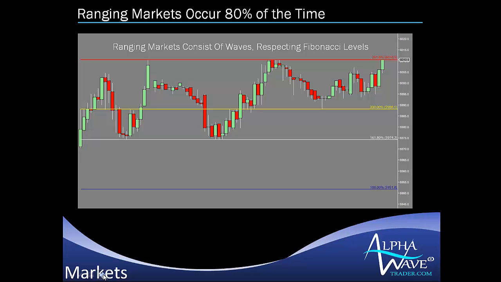Here is the structure of ranging markets. If you trade ranging markets, you must know limitations. You must respect that price is giving you very small targets. If price is giving you a 2-point range, you can be catching 20 points rallies. If price is showing you a reversal zone at 1.5 point, you must respect that.